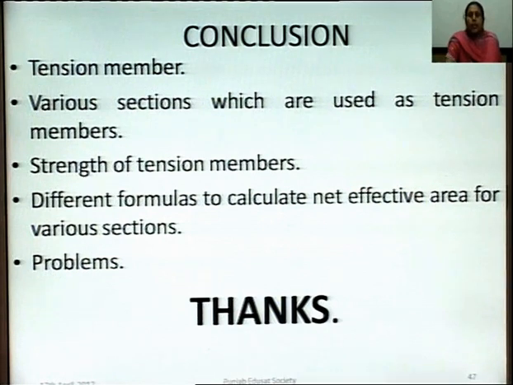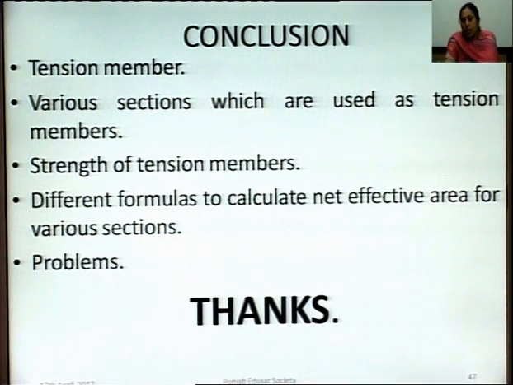One thing is that in this case we always calculate the net area, because in this case we always consider that hole is not completely filled by rivet. But in compression member, it is considered as hole is completely filled by rivet. So, in that case we take the gross area.